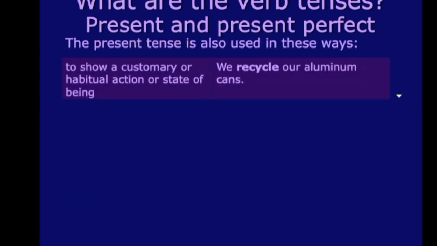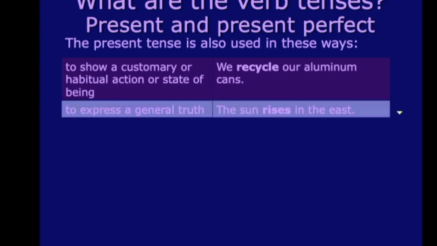The present tense is also used in these ways: to show a customary or habitual action or state of being. Example: we recycle our aluminum cans. Another is to express a general truth: the sun rises in the east.